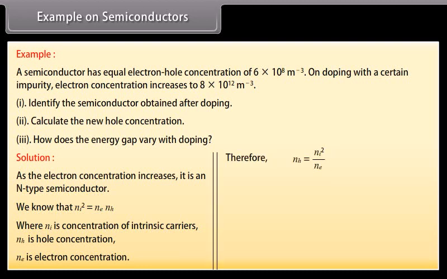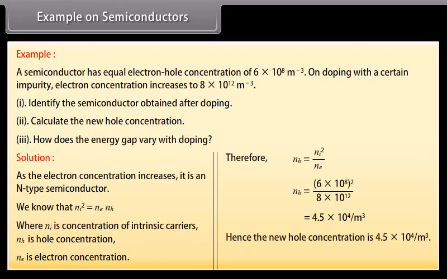Therefore, NH is equal to Ni square divided by Ne. On putting the values, we get NH equal to 4.5 into 10 raised to the power 4 per meter cube. Hence, the new hole concentration is 4.5 into 10 raised to the power 4 per meter cube. With the doping, energy gap decreases.